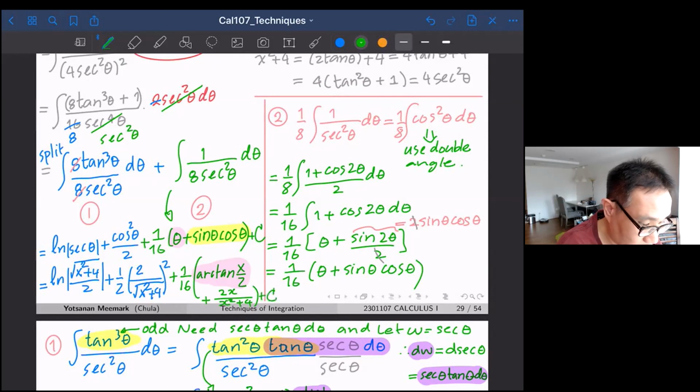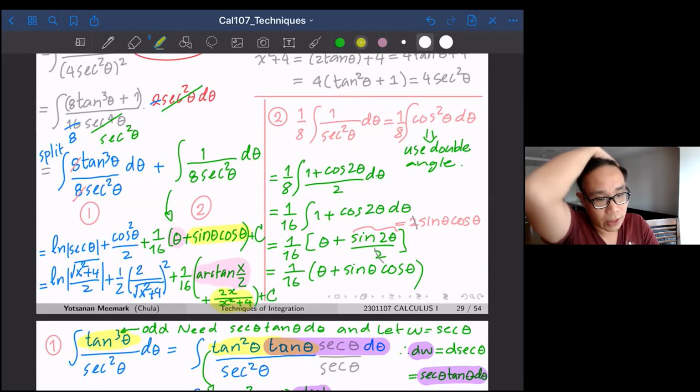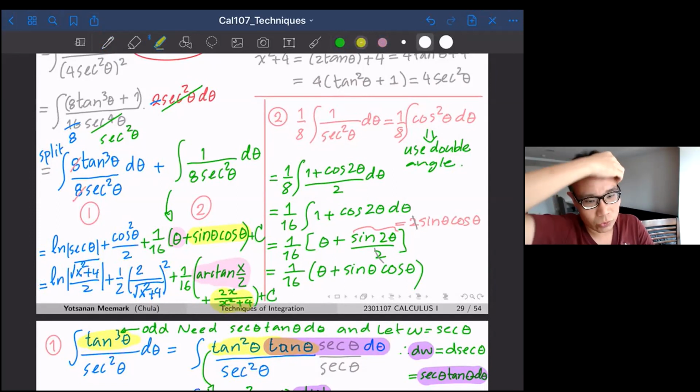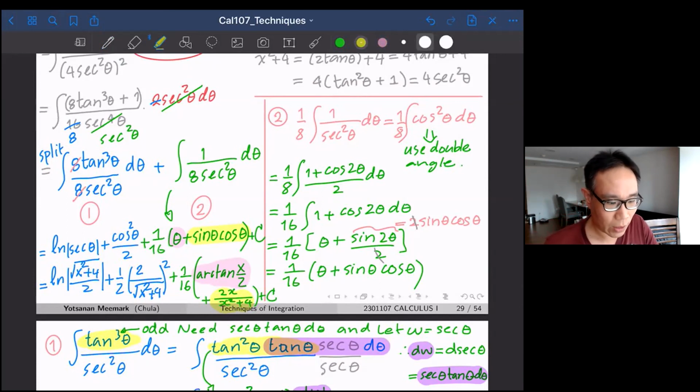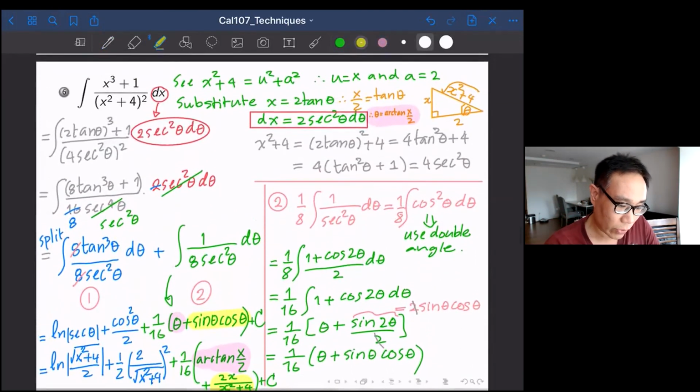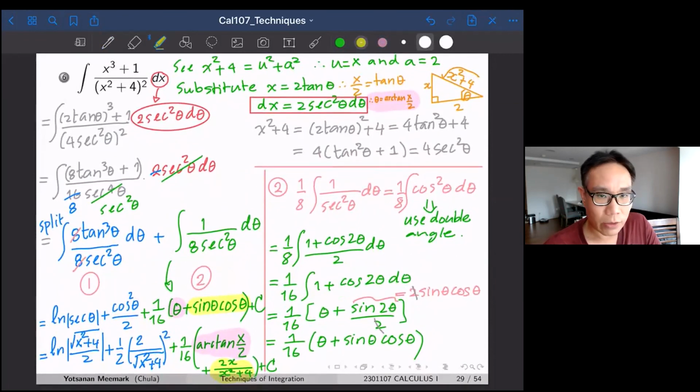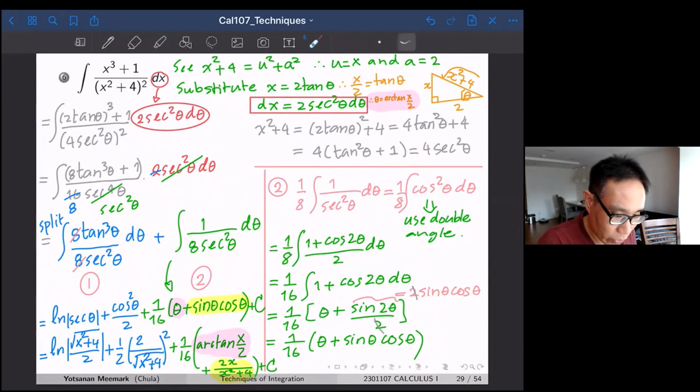So sine and cos is going to be 2x over x squared plus 4. Why? Because you have x over the square root and 2 over the square root. When you multiply them, you just have 2x over x squared plus 4 from this orange triangle. So this is how we obtain the final answer.